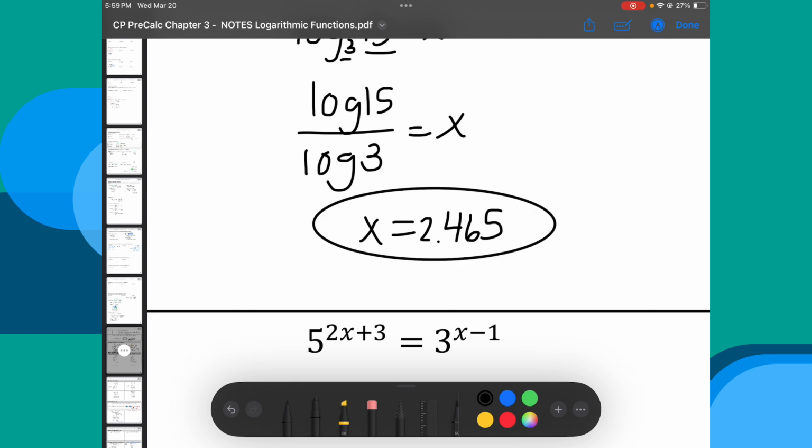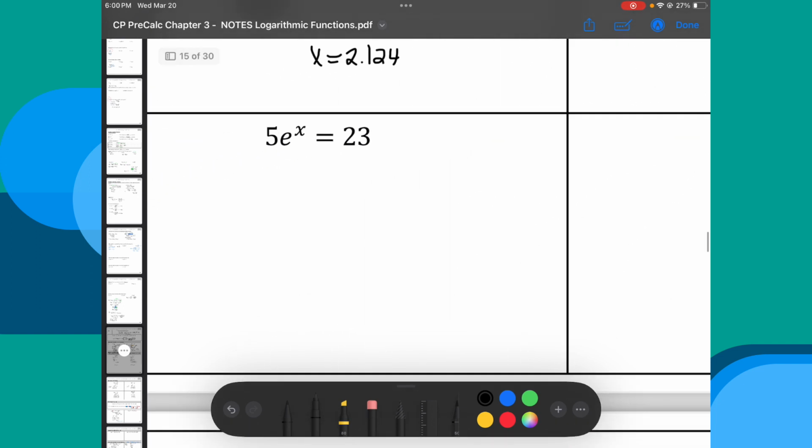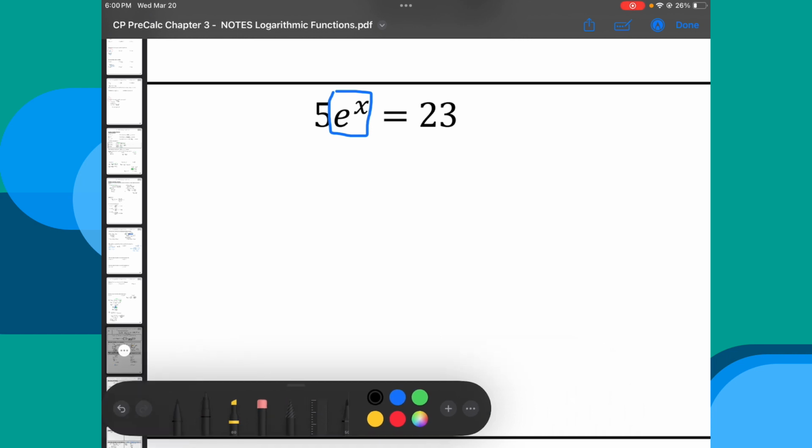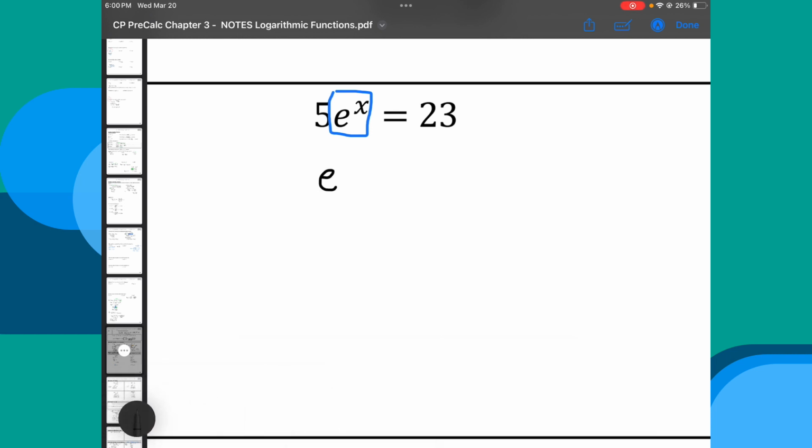Here, we have e being raised to the power of x. So if we want to be able to introduce a log, we're going to have that isolated. So we're going to divide both sides by the 5. So e to the x is equal to 23 over 5. We're going to introduce our log.